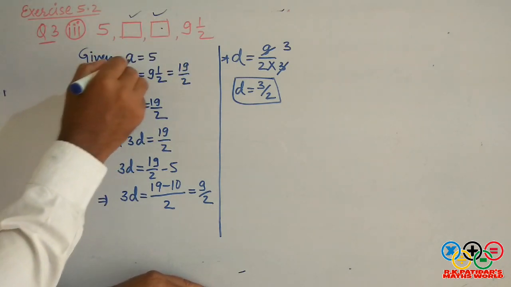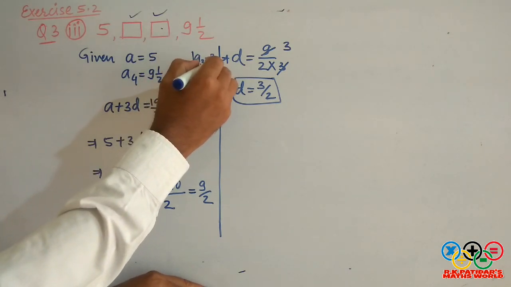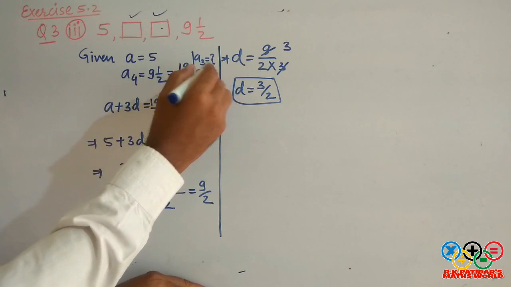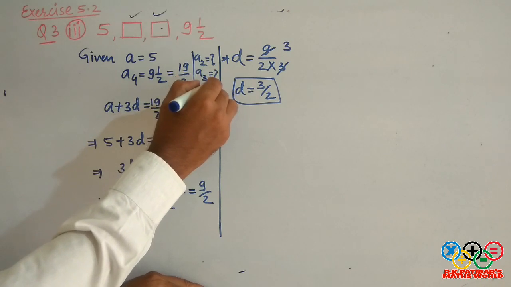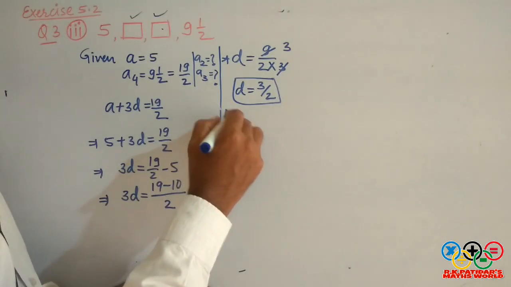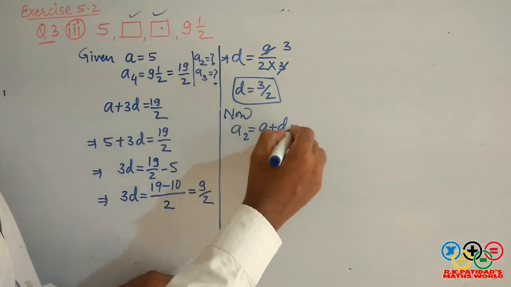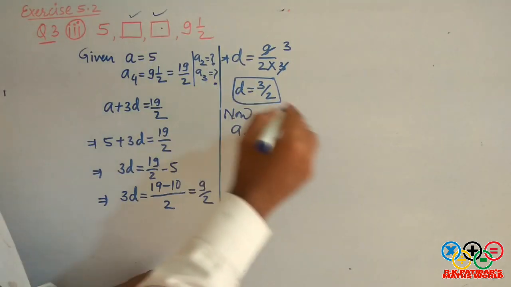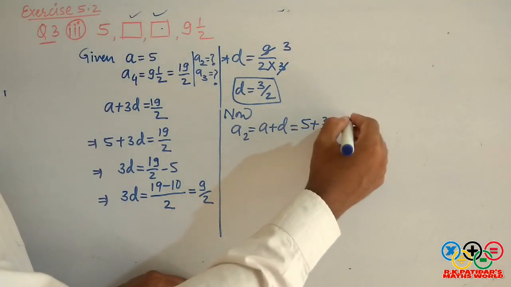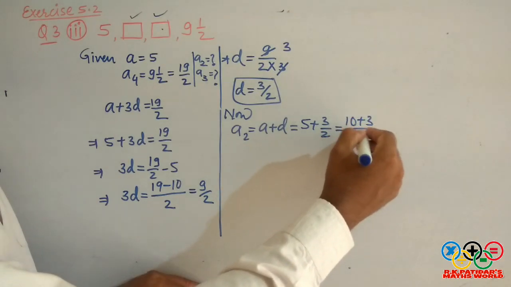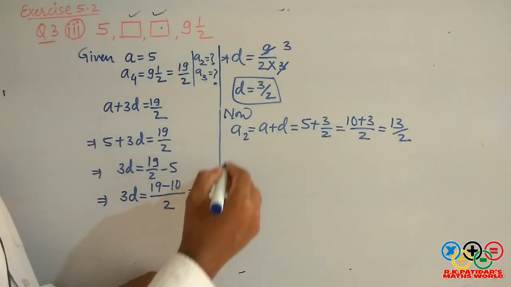You must write one more thing here, that we have to find out a2 and a3. Second term and third term we have to find out. So now the second term, a2, is what? a plus d. a is 5 here and d is 3 by 2. So 2 fives are 10, 10 plus 3 upon 2, that is 13 by 2.